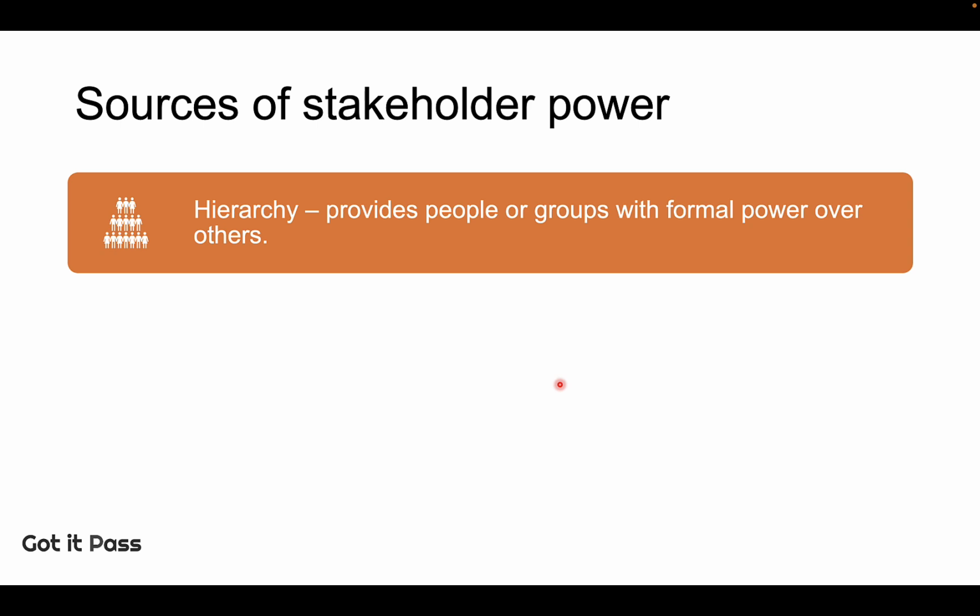It provides people or groups with formal power over others, say the directors or senior managers. In terms of the hierarchy in the organization, they are authorized to be the more powerful people. It's just based on the hierarchy itself. They can influence others.